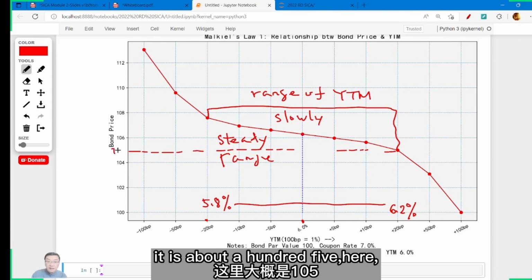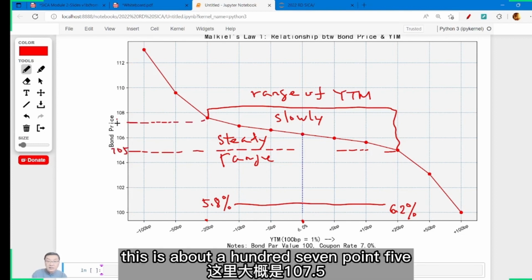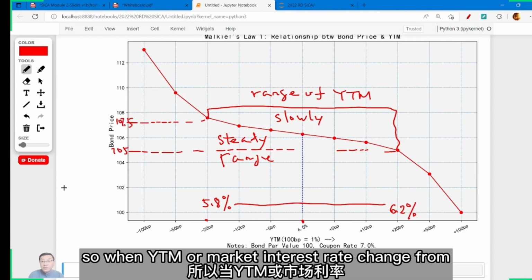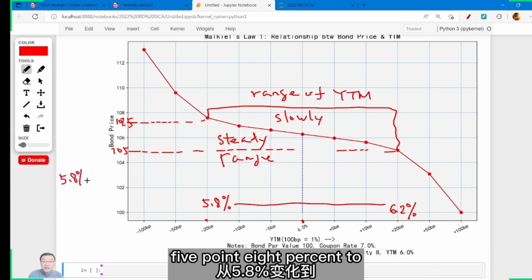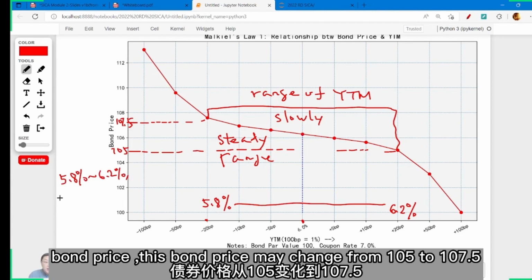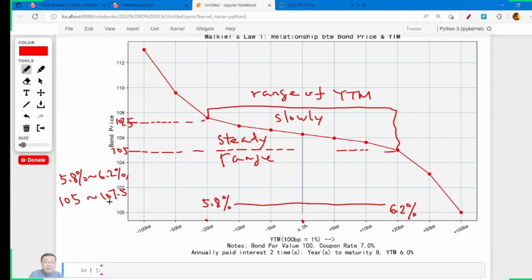It is about 105 here. This is about 107.5. So when YTM or market interest rate changes from 5.8% to 6.2%, this bond price may change from 105 to 107.5.